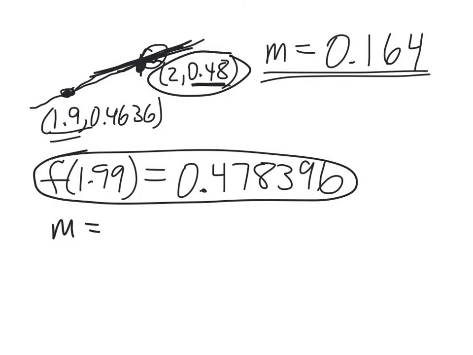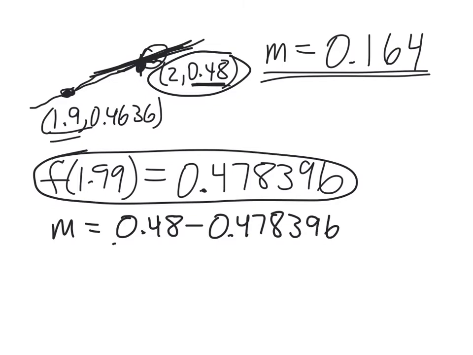which there comes a point where it's just too small to see any difference, but numerically we can calculate the slope: change in the y value divided by the change in the x value.